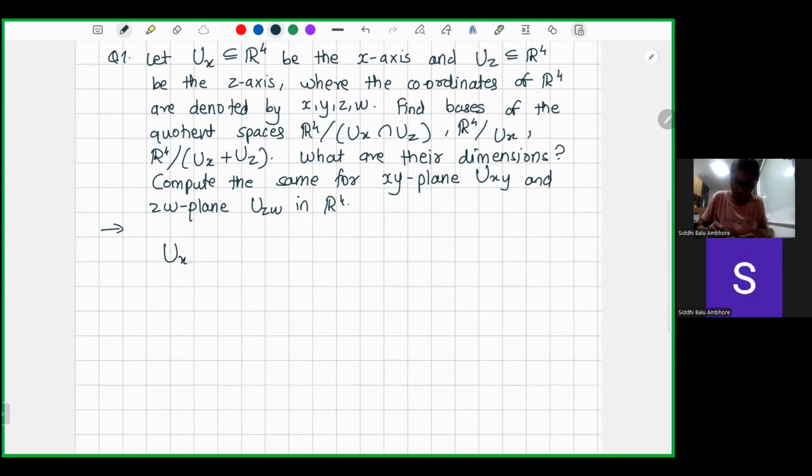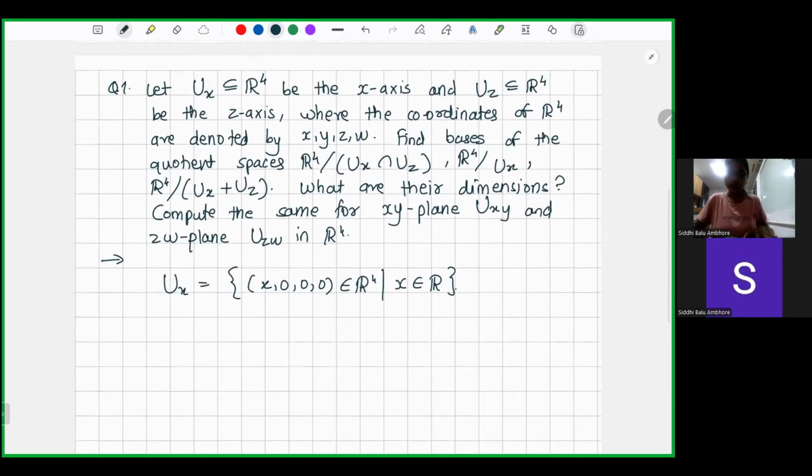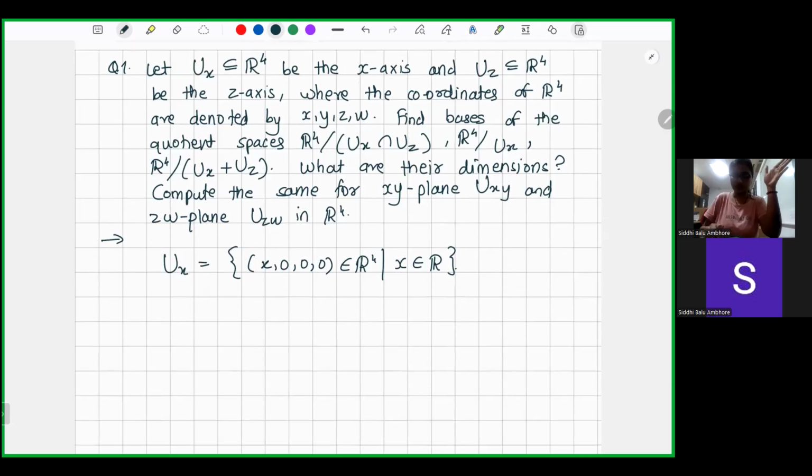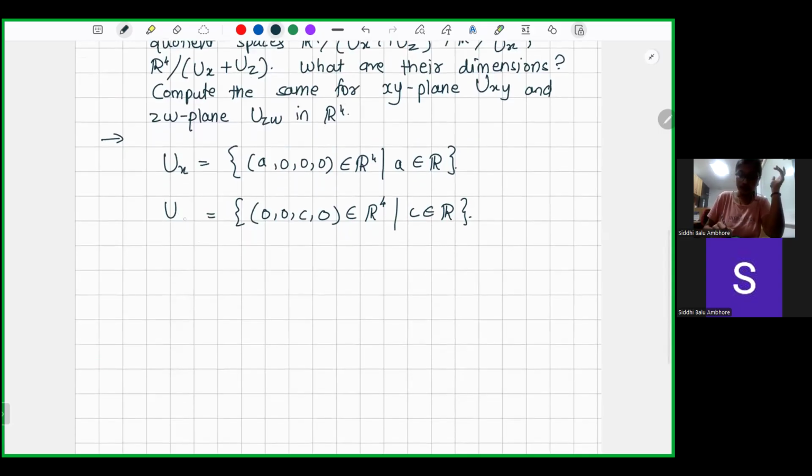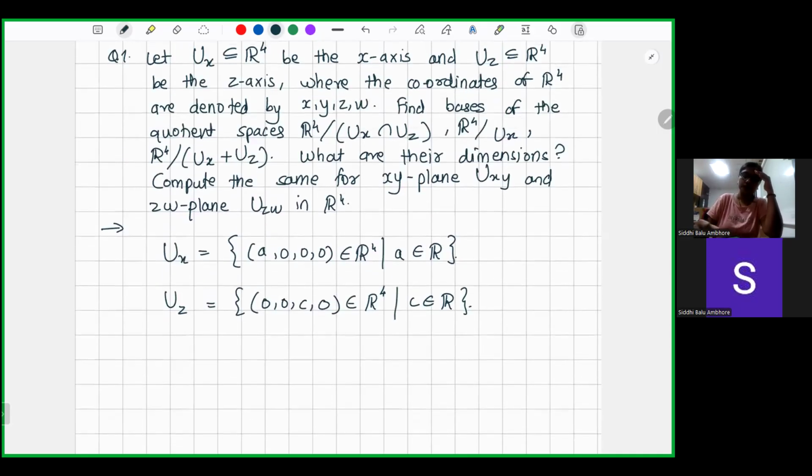So UX is basically this subspace in R4, generated by (x, 0, 0, 0), where x varies in R. Similarly, UZ is (0, 0, z, 0) in R4, where z varies in R. Or, if you want, we can write (a, 0, c, 0) where a and c belong to R. So this is UX, this is UZ, both are subspaces, and we have to find the basis of R4 quotiented by UX intersection UZ, R4 quotiented by UX, and R4 quotiented by UX plus UZ.